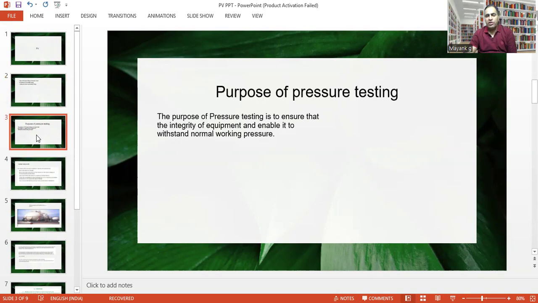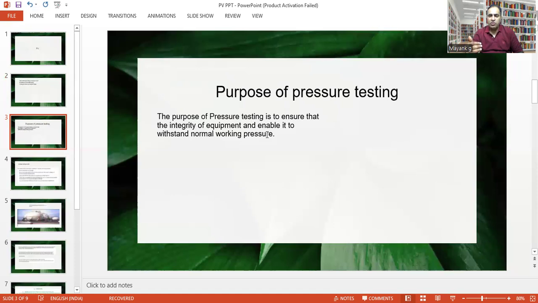So, first of all, what is the purpose of pressure testing? The purpose of pressure testing is to ensure the integrity of the equipment and enable it to withstand the normal working pressure. While a pressure vessel is in use, it is very important that we do pressure testing at the defined frequency as per the legal guidelines in a particular region or area.